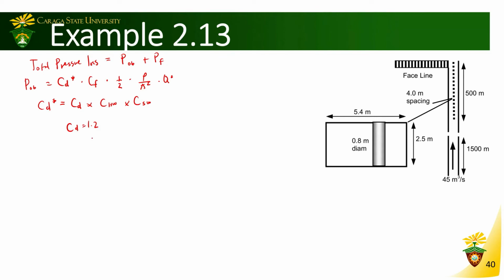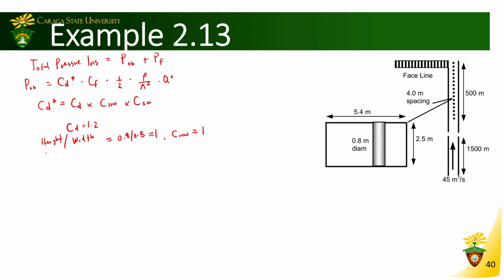If we look at the height over the width, this would be equal to 0.8 over 0.8, which is equal to 1. And if we refer to the figure, C sub HW is equal to 1.